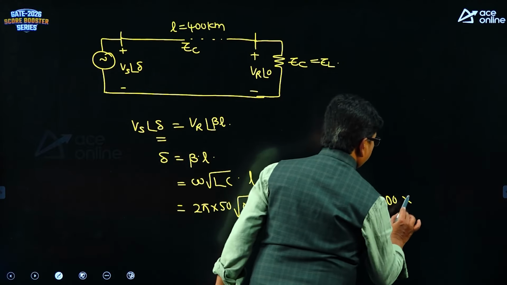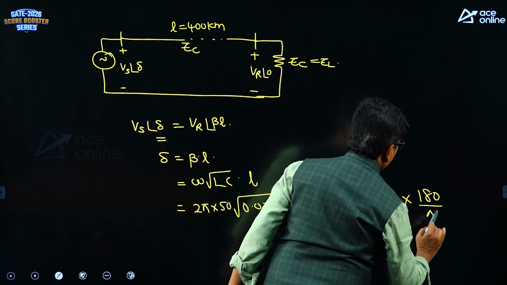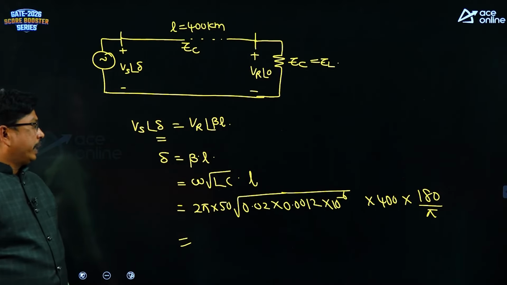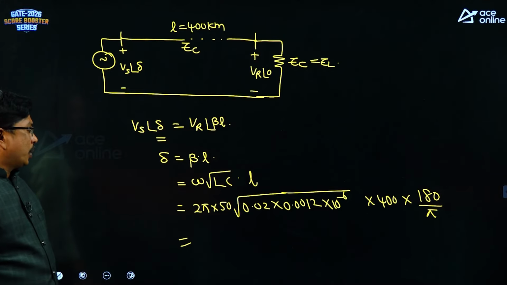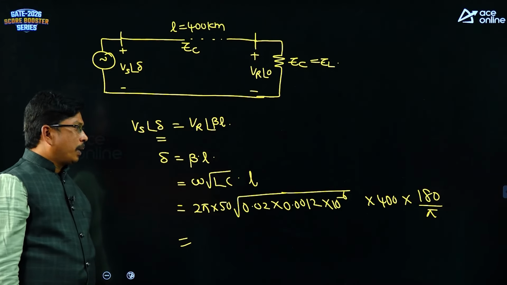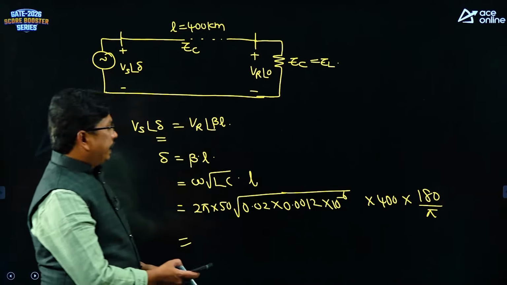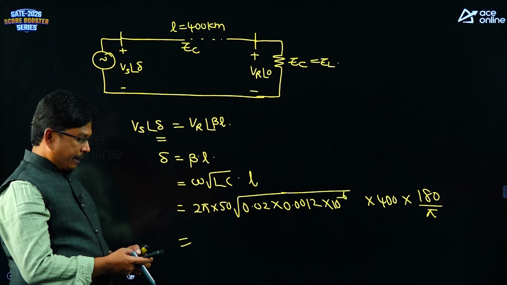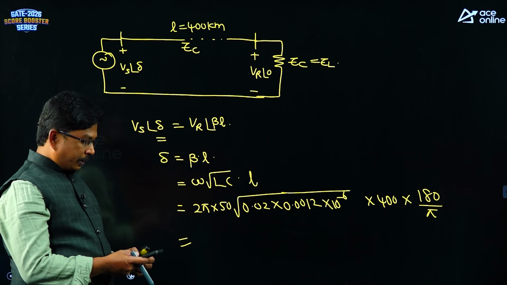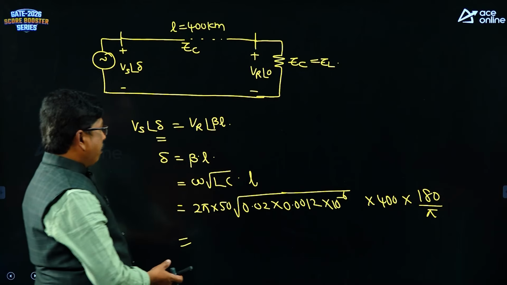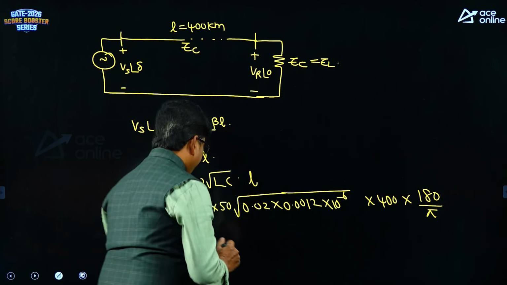Convert into degrees, students, 180 by pi. Calculate this value: 2 pi into 50 into under root of 0.02 into 0.0012 into 10 power minus 6 into 400 into 180 by pi. You will get this value approximately 35.27 degrees.